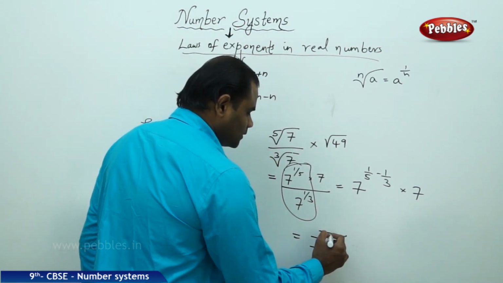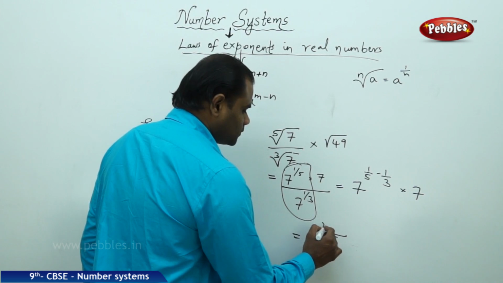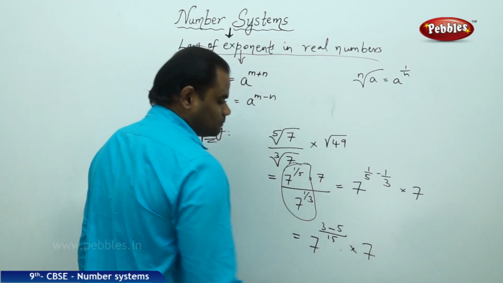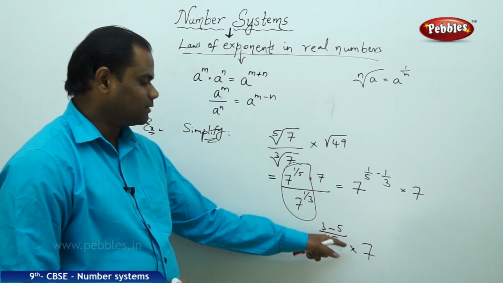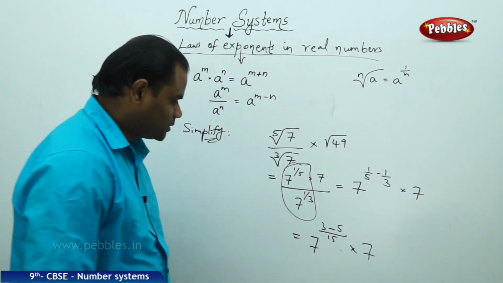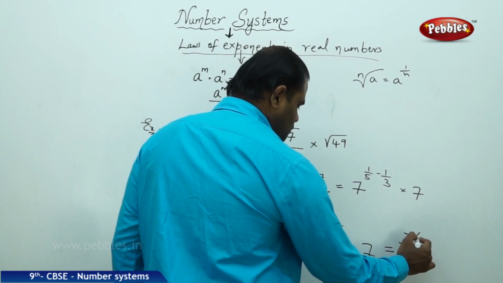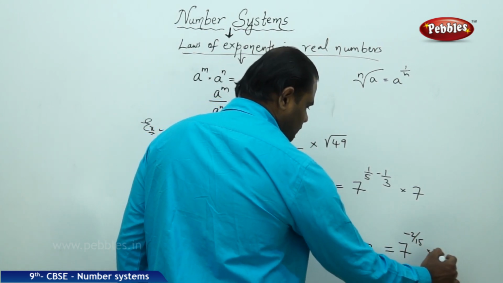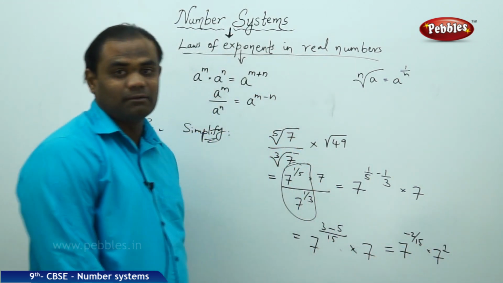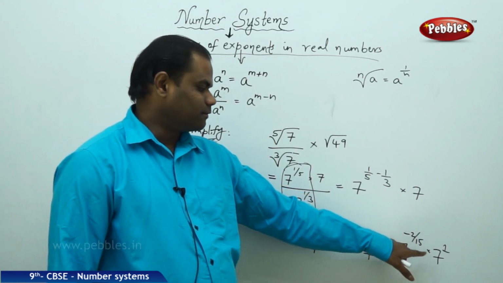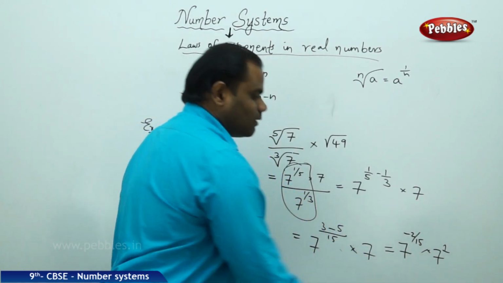I get 7 power (3 minus 5) over 15 times 7, which on further simplification gives 7 power negative 2 over 15 times 7, which can be written as 7 power 1. 3 minus 5 is minus 2 over 15 times 7 power 1.